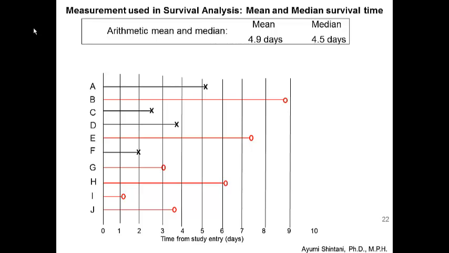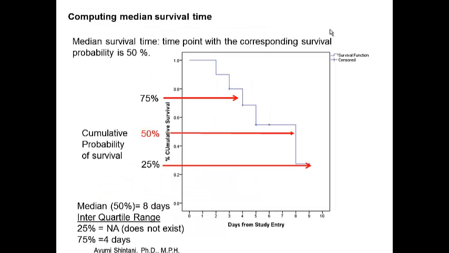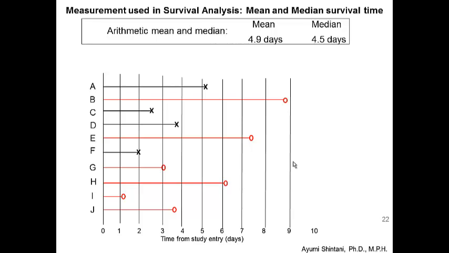Why do we use the Kaplan-Meier graph this way to compute mean and median survival time? If you simply take the mean and median of the follow-up time variable, you get 4.9 days for the mean and 4.5 days for the median, which are both clearly shorter than the 6.3 days or 8 days obtained from the Kaplan-Meier curve. Why is that?